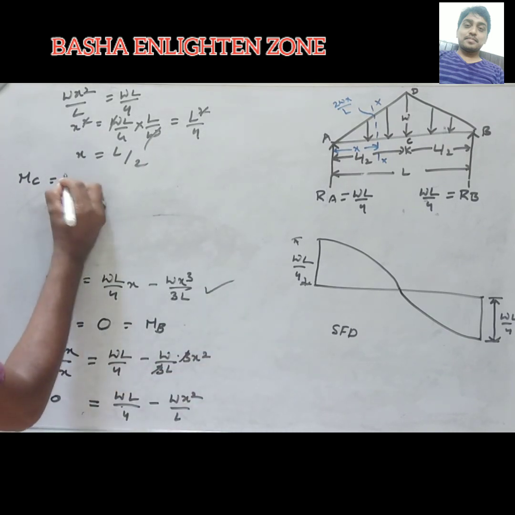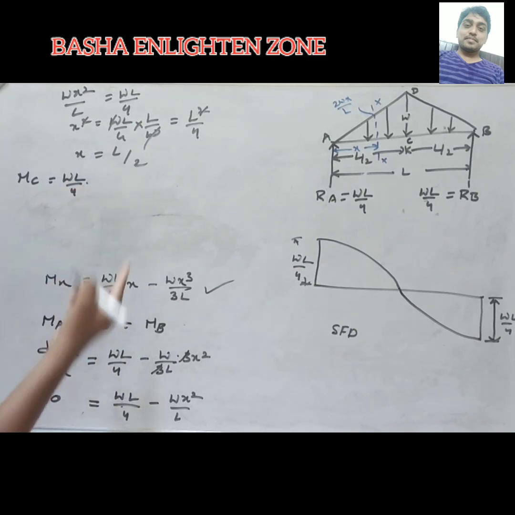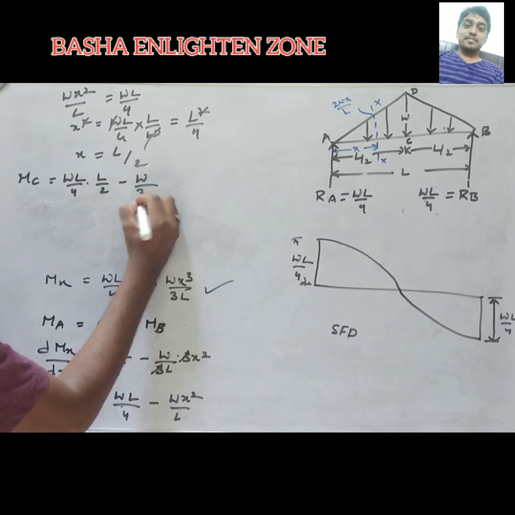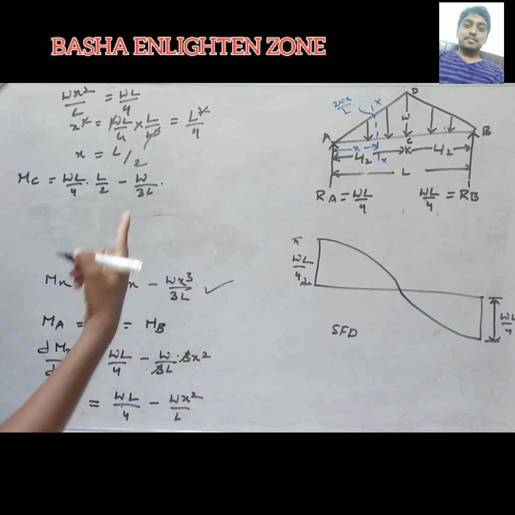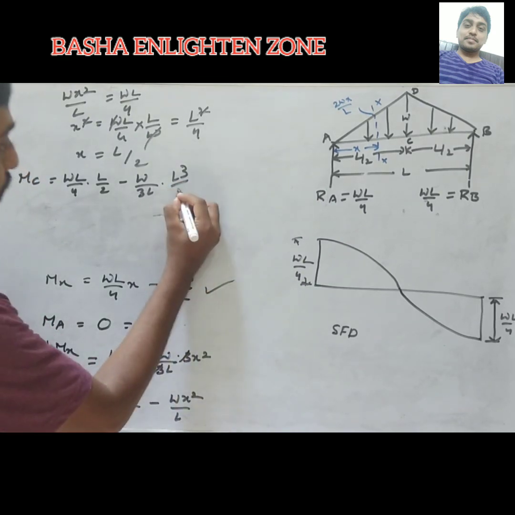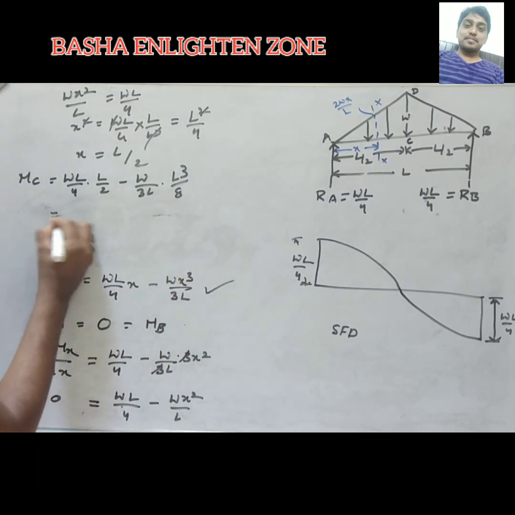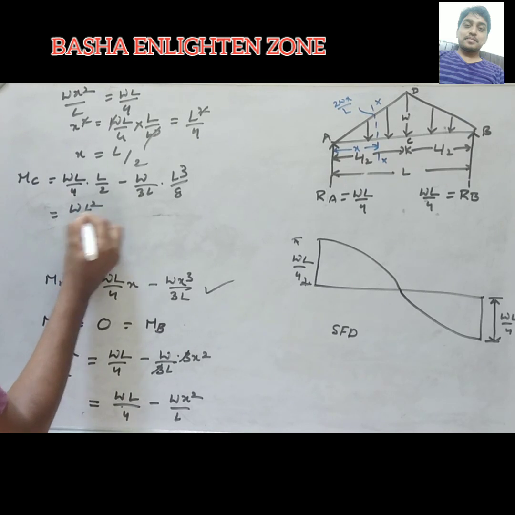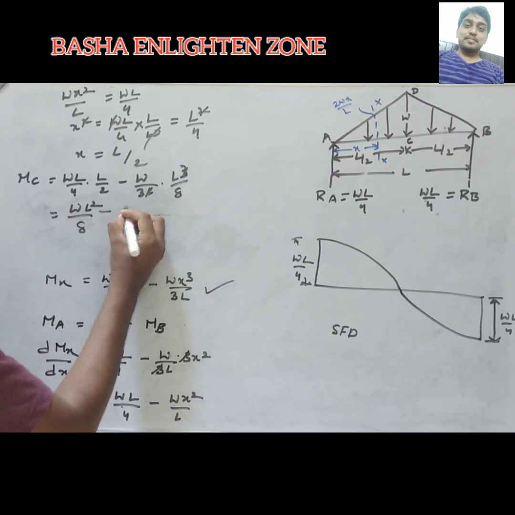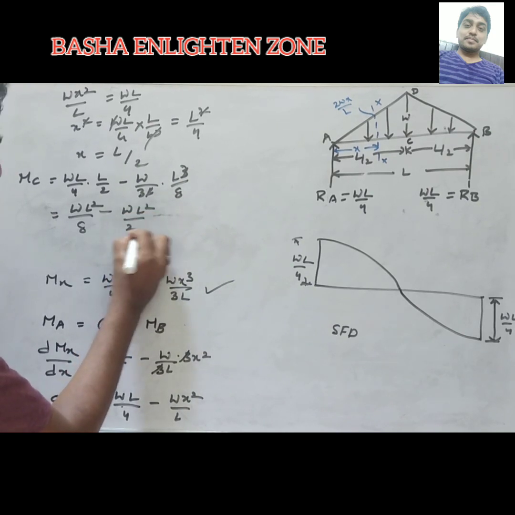So WL by 4 into x value equal to L by 2, minus W by 3L into x cube, meaning L by 2 into L by 2 into L by 2, so L cube by 8. So WL square by 8 minus, cancel these two terms, WL square by 24.